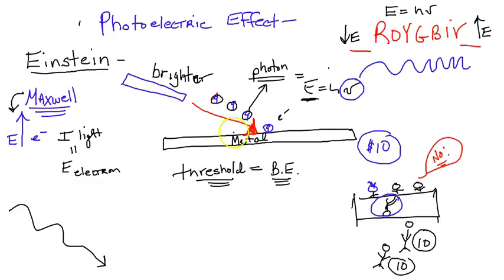So red light with the metal that we're using, and let's just make this metal iron for all intents and purposes, the individual packets of light were not high enough to eject the electron. Only when you make the light not brighter, but change its frequency so each packet has more energy.